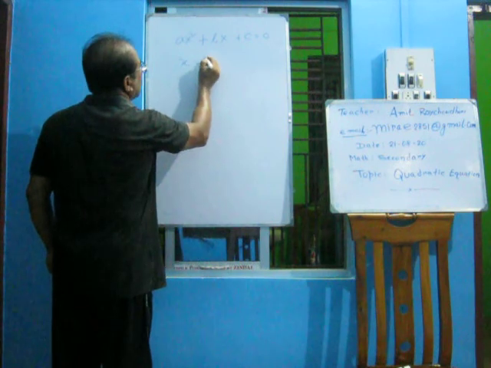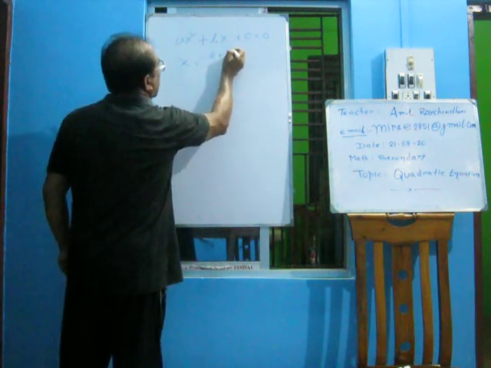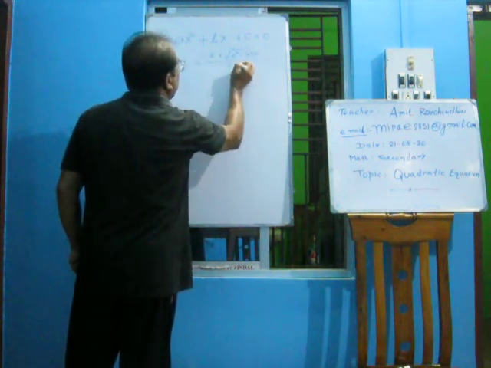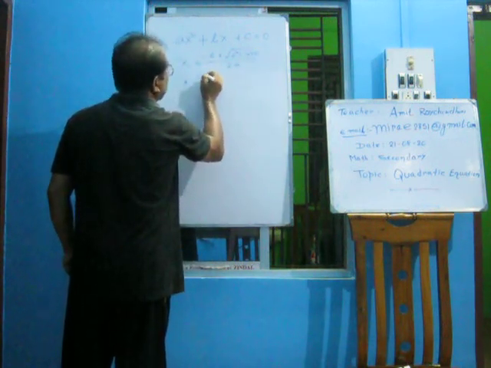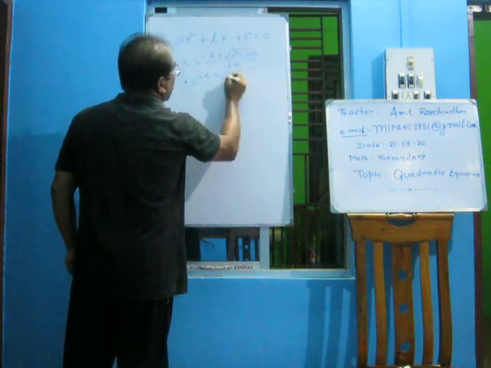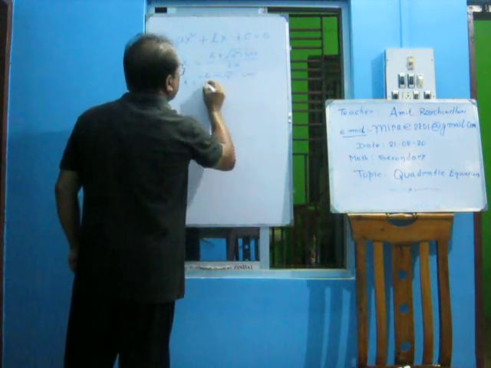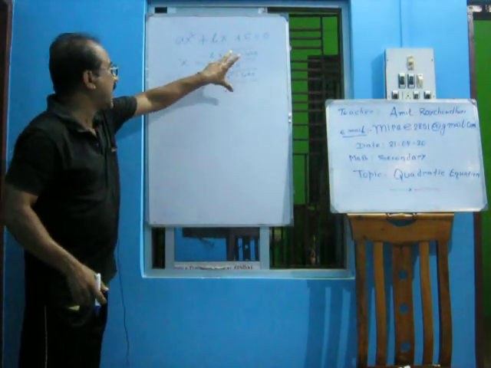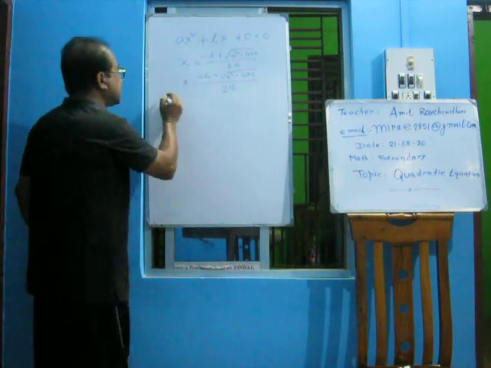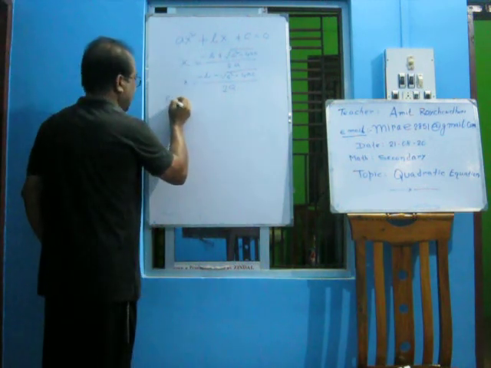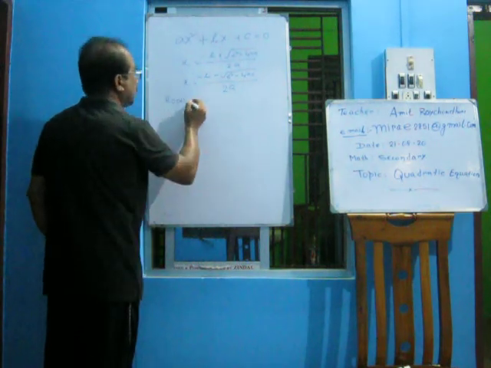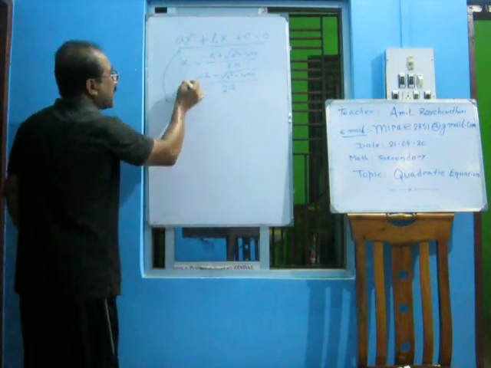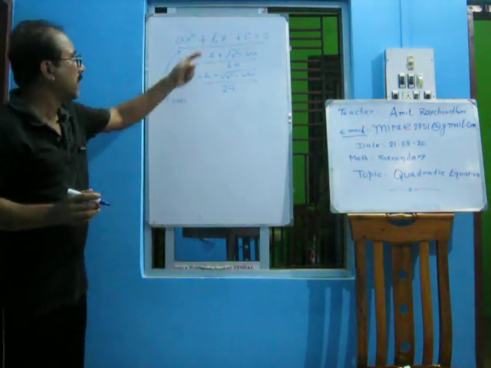So x equal to minus b plus root over b square minus 4ac by 2a, and another answer x equal to minus b minus root over b square minus 4ac by 2a. These two answers can be called the roots of this quadratic equation.